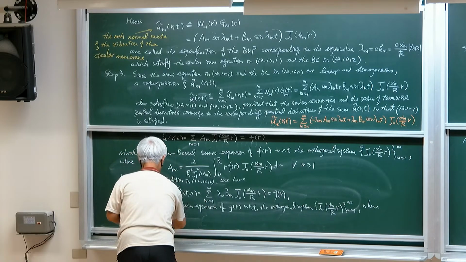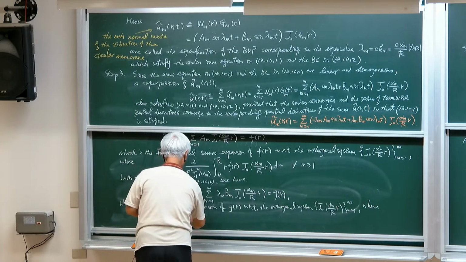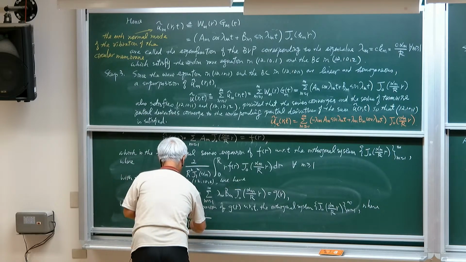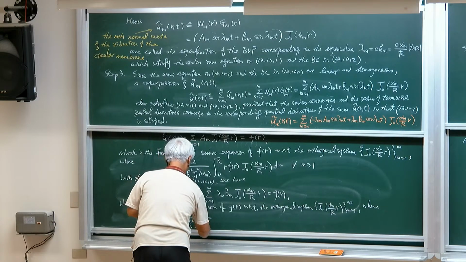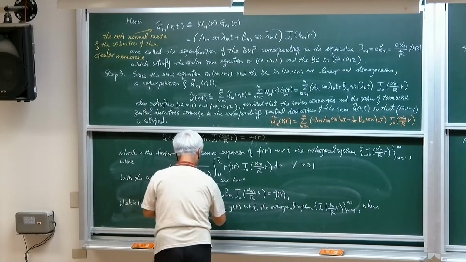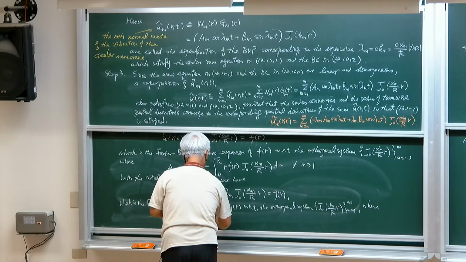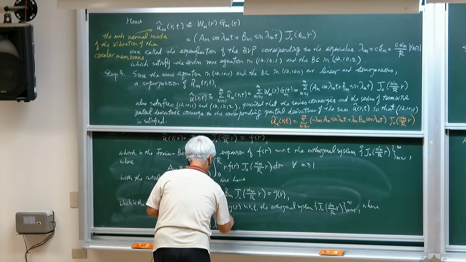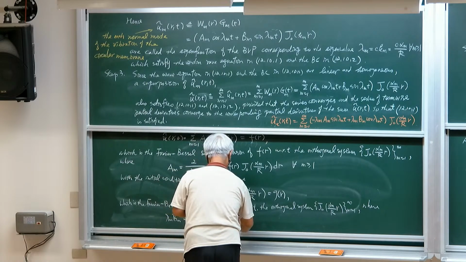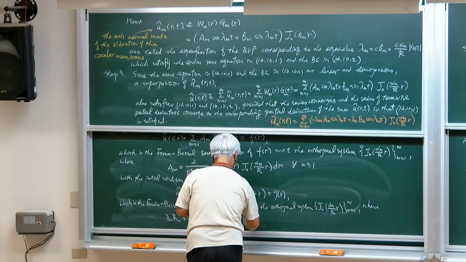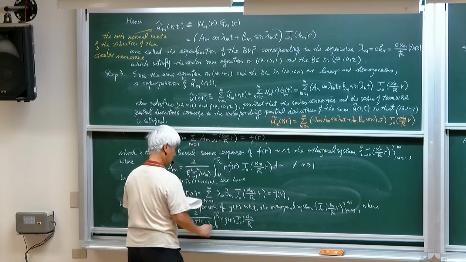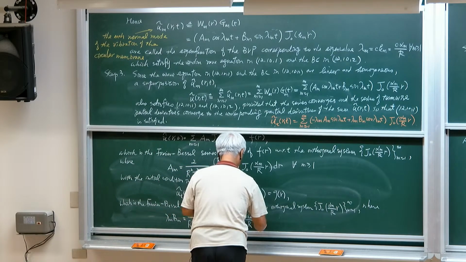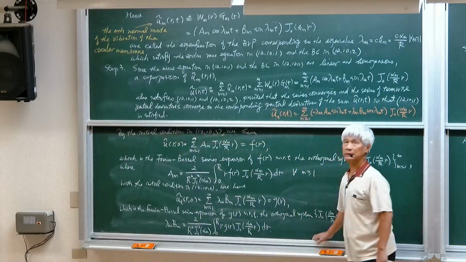So that lambda m B m is equal to 2 divided by R squared J1 squared alpha m, integration from 0 to R of r g(r) J0 of alpha sub m r over R, big R and little r here, dr.